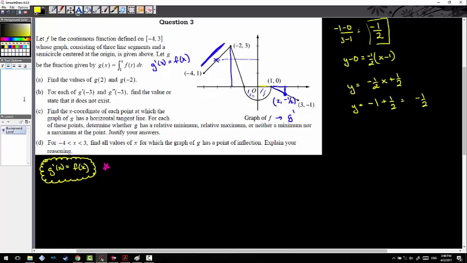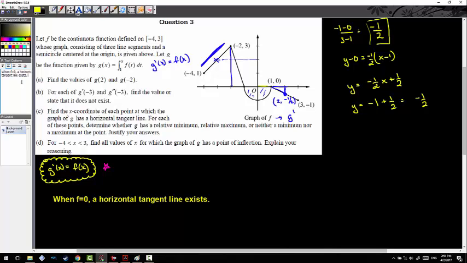Well, a function has a horizontal tangent line when its slope is 0. So, when f equals 0, a horizontal tangent line exists, right?